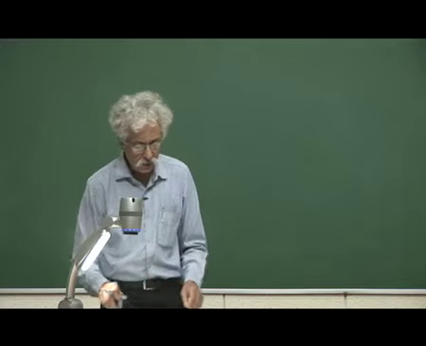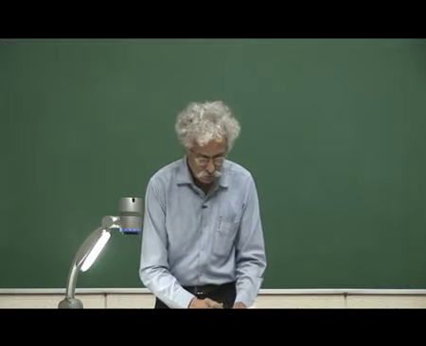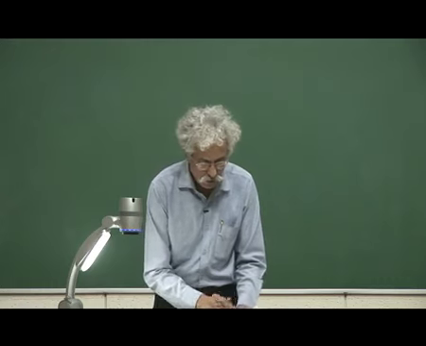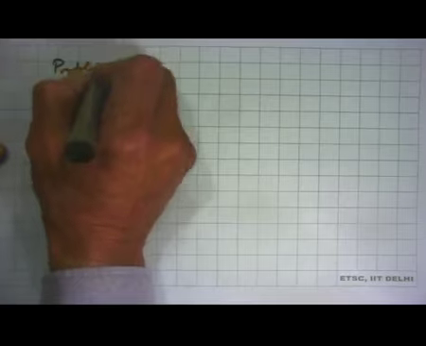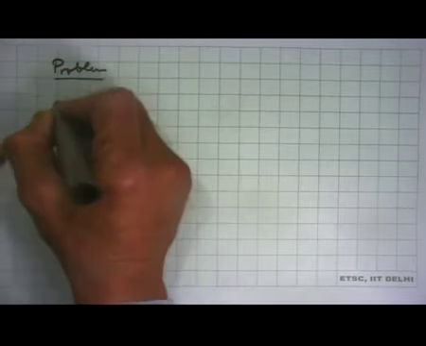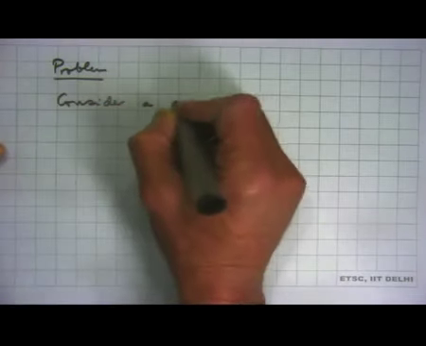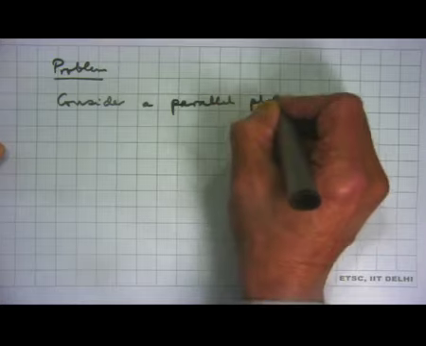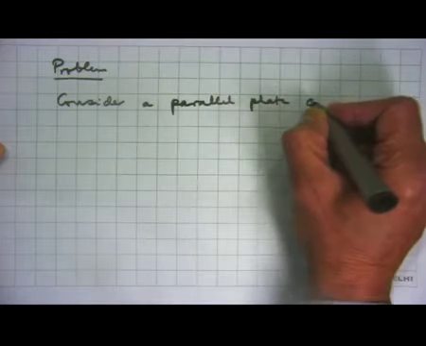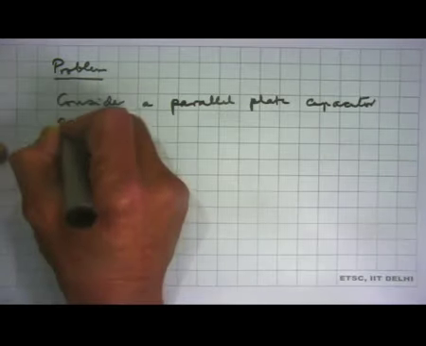So, you can actually try different kinds of capacitances, and I will give you one problem here which you may like to analyze. Consider a parallel plate capacitor as shown.